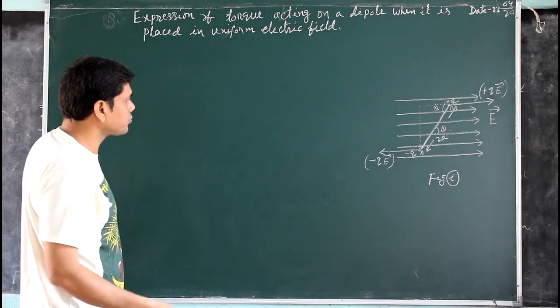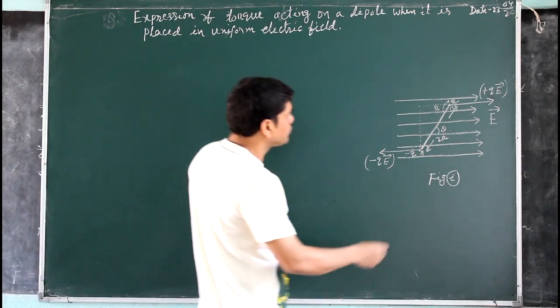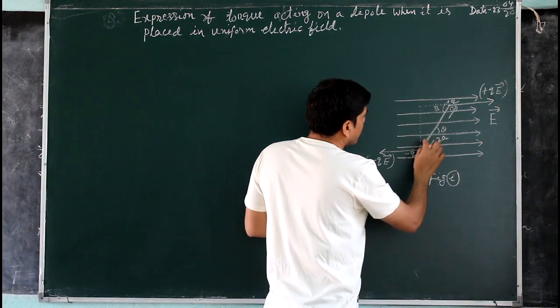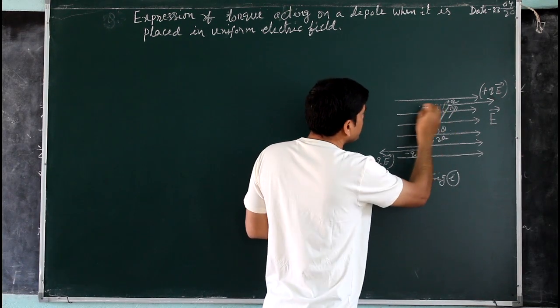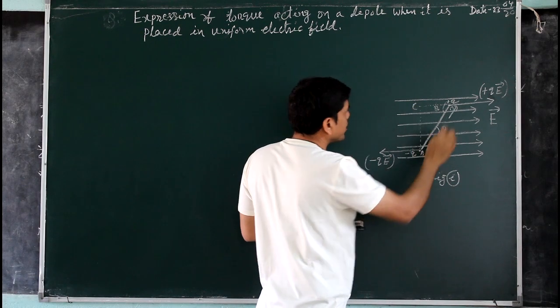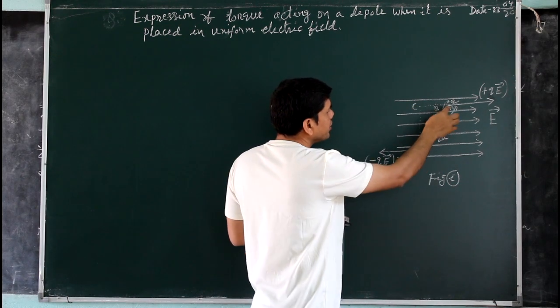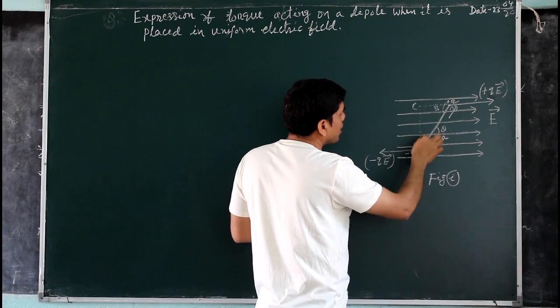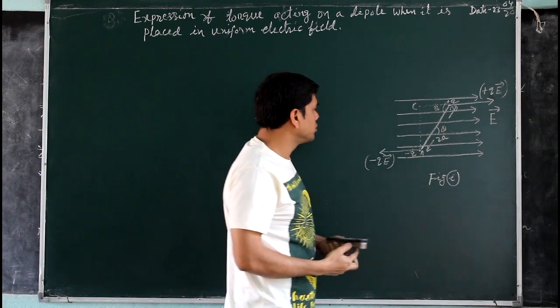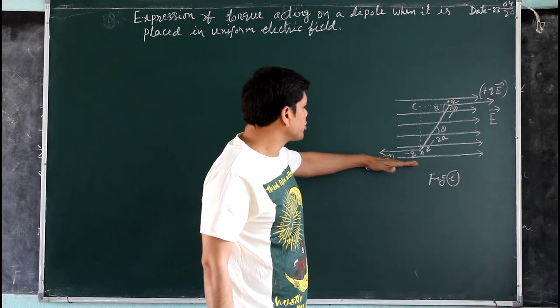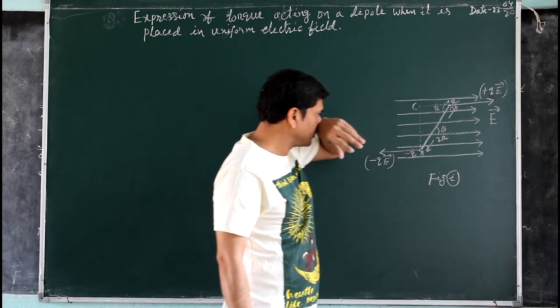So first we have drawn a rectangle. Let this point be AB, this point be C, a right angle triangle by extending this line, and CA is the perpendicular distance between this force and that force.